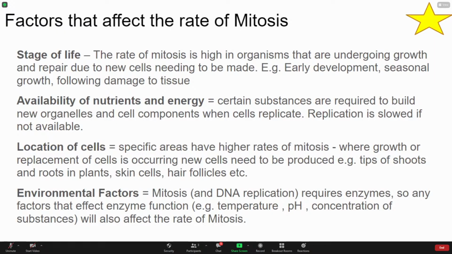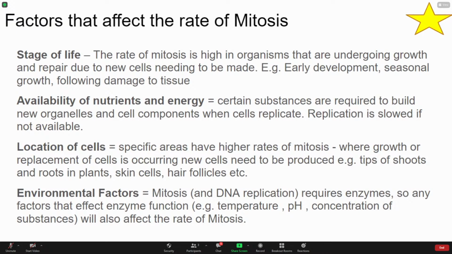If our plant or animal is undergoing a stage of life that requires repair of cells, either due to injury or damage to the tissues, then there's going to be a lot of mitosis occurring to create cells to replace those damaged cells. The availability of nutrients and energy is also really important.